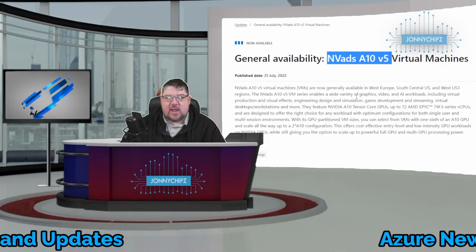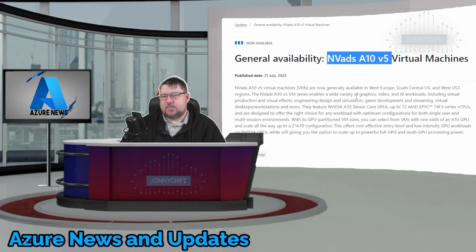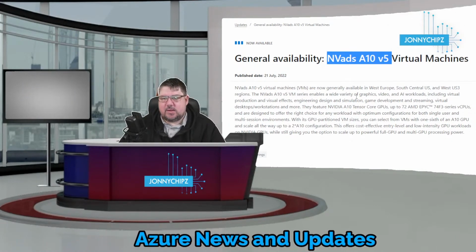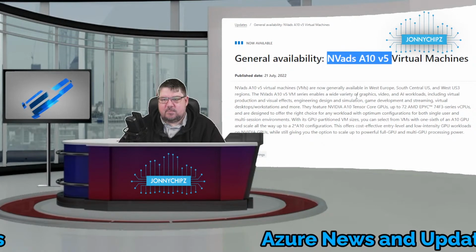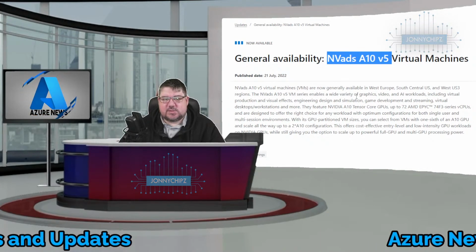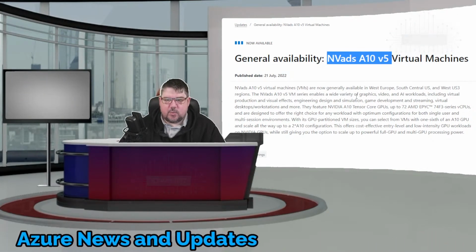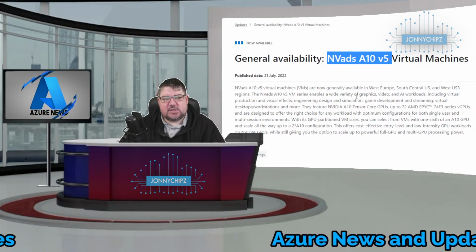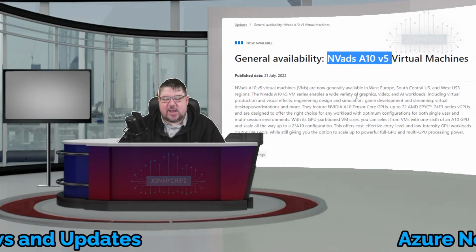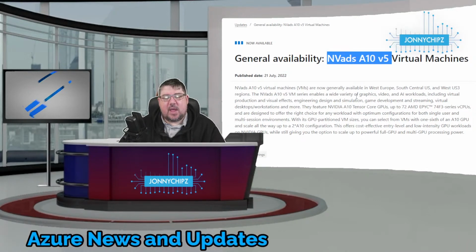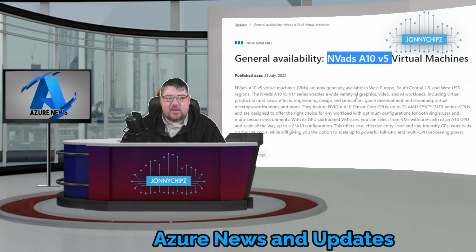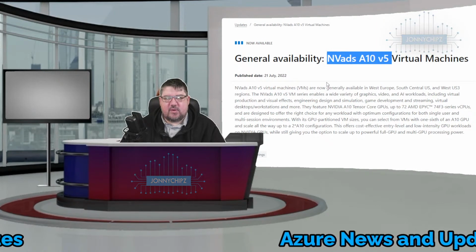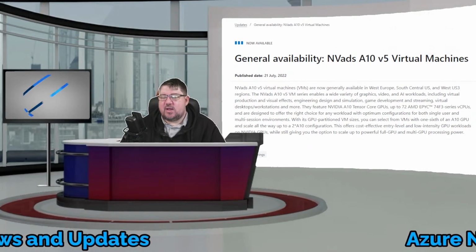So they've got the NVIDIA A10 Tensor Core GPUs and up to 72 AMD EPYC virtual CPUs, and are designed to offer the right choice for any workload, with optimum configurations for both single-user and multi-session environments. So yeah, for all of those kind of high processor intensive services, you've got those VMs now generally available.